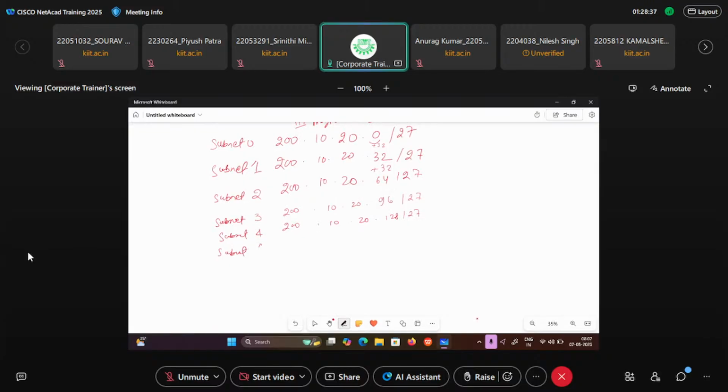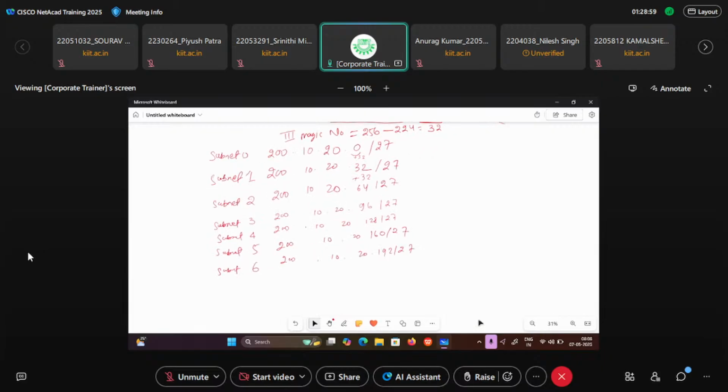Subnet 5: 200.10.20, add 32, 160/27. Now subnet 6: 200.10.20, again add 32, 192/27.